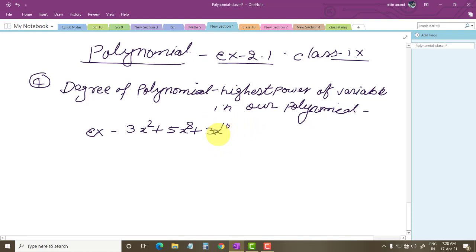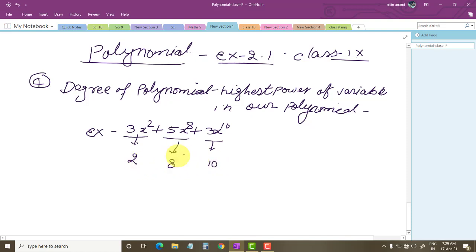To find the degree, we look at all the terms and their powers. In the first term the power of the variable is 2, in the next it is 8, and in the last it is 10.